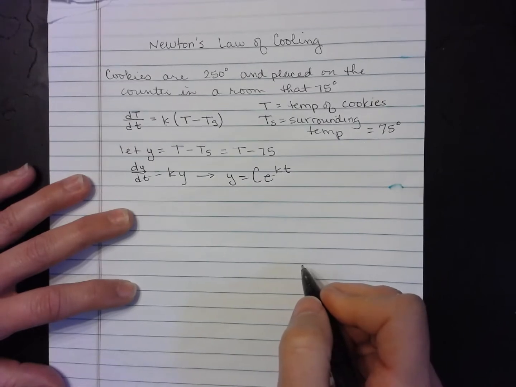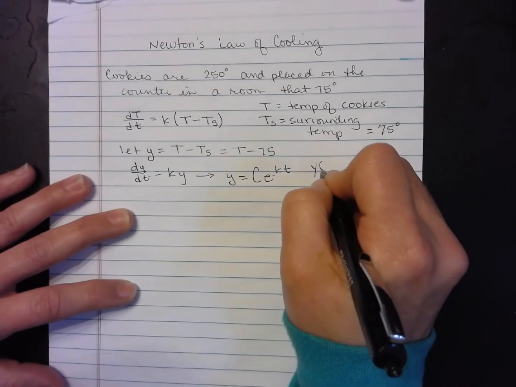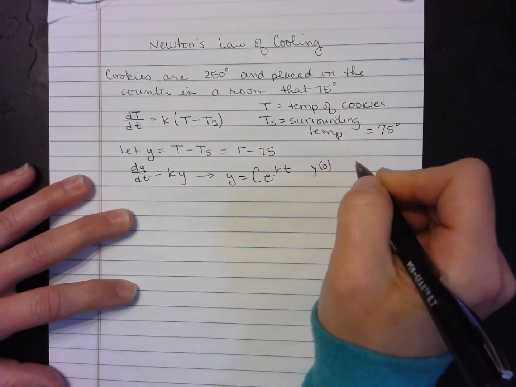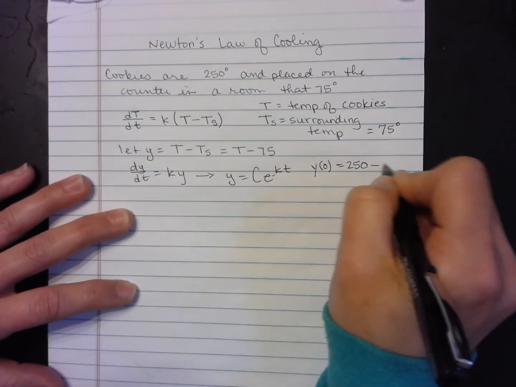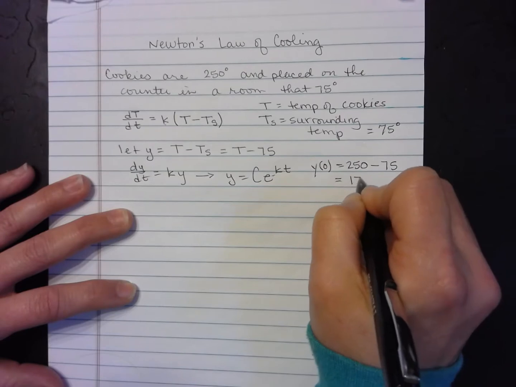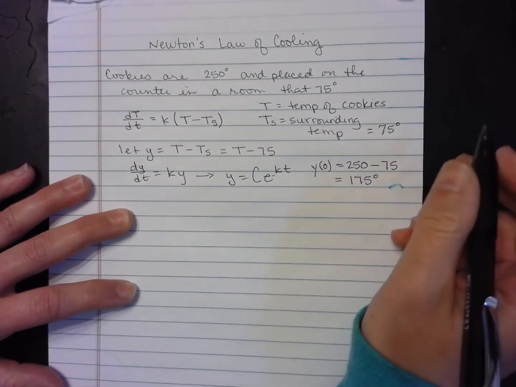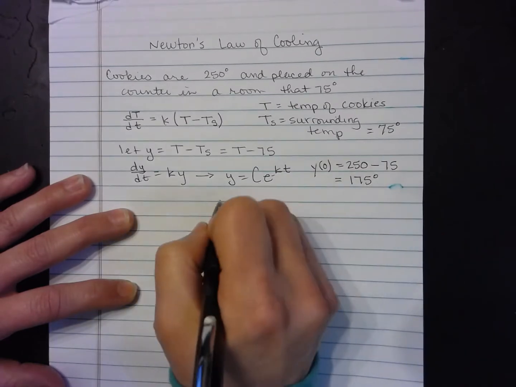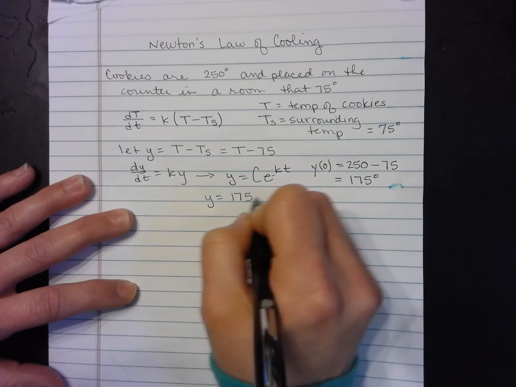Let's see what our initial value is. Our y value at time 0 is the initial temperature minus the surrounding temperature, which gives me 175 degrees. That's my initial y value, so that's going to go in for C.